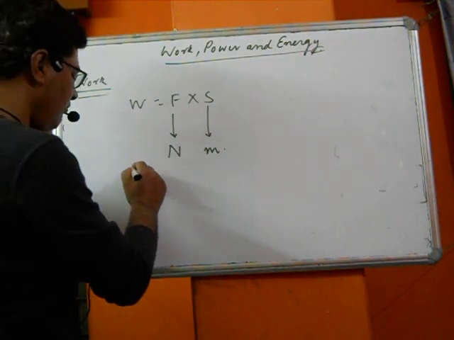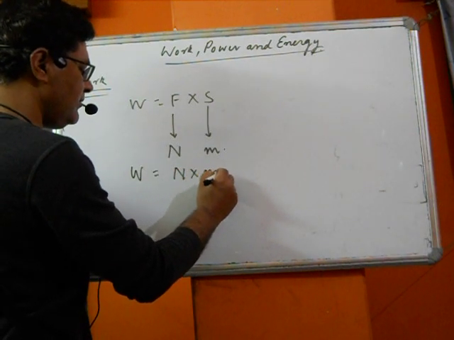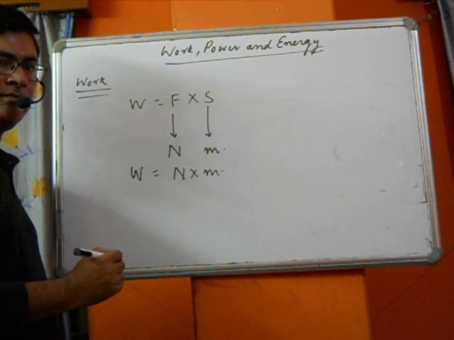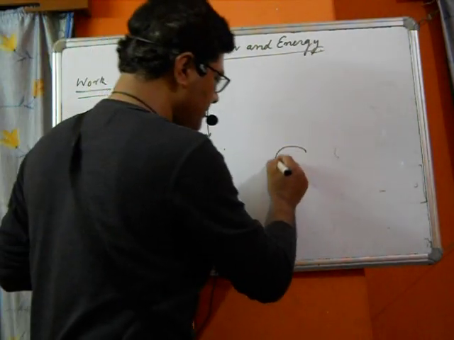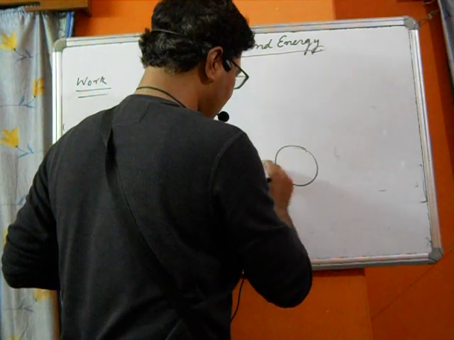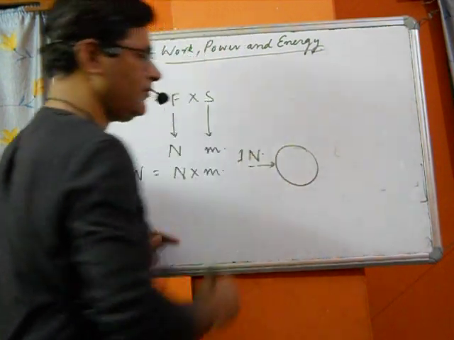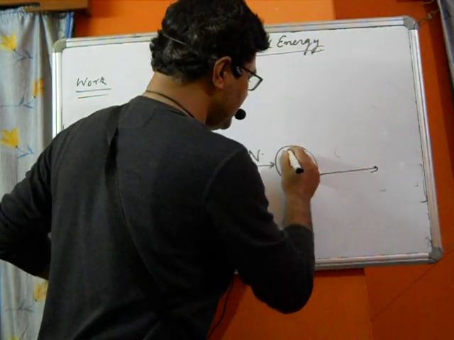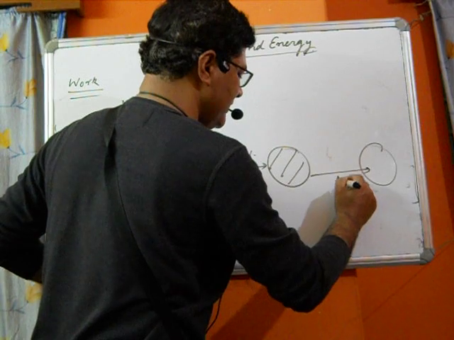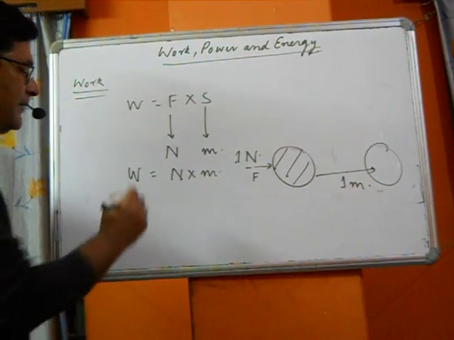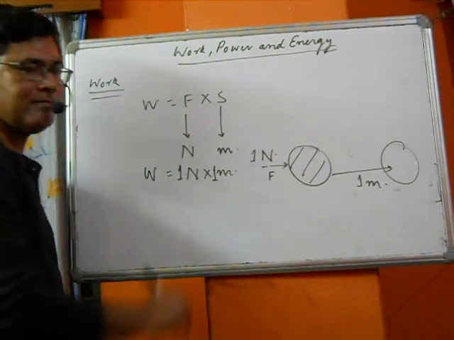So, work done equals Newton into meter. That means, if I apply a force of 1 Newton on an object, and the displacement of the object towards the direction of force is 1 meter, then I can write work done equals 1 Newton into 1 meter.